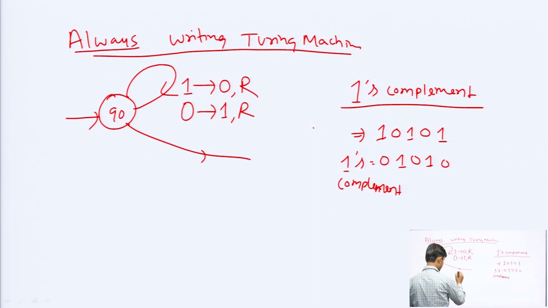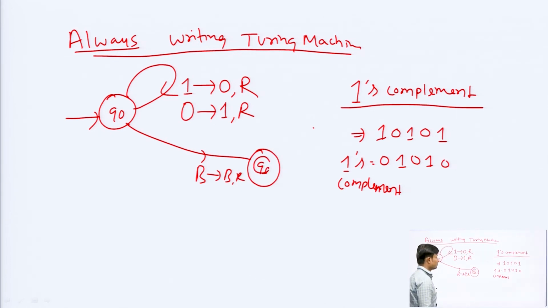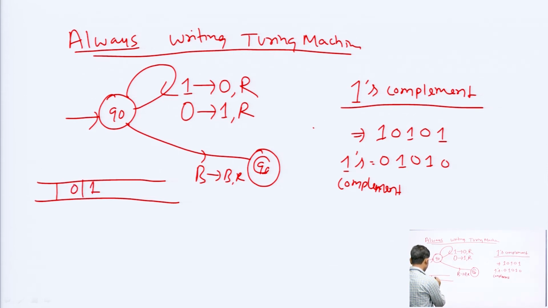Then this is blank, you replace blank by blank, no problem, and go to the QF final state. This is right. The input alphabet is given as 0 1.